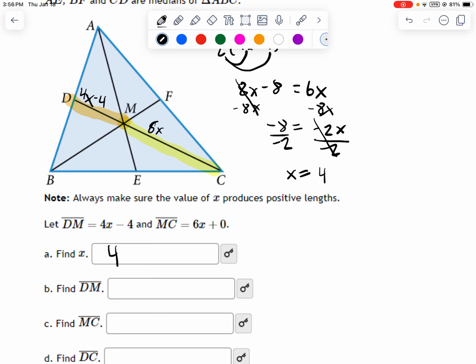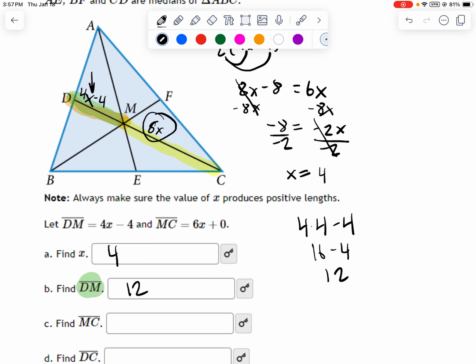Bam. Done. Now, if you want to start finding the lengths of these segments, DM is that little gem right there. We know what x is, so plug it in. Then we have 4 times 4 minus 4, so 16 minus 4, which is 12. There's the length of DM.